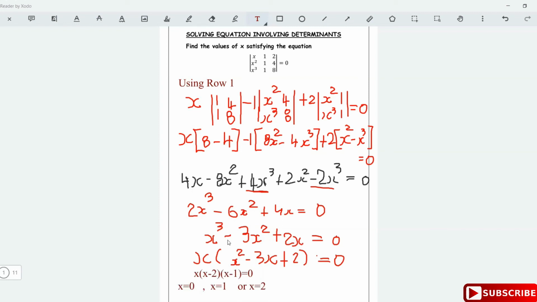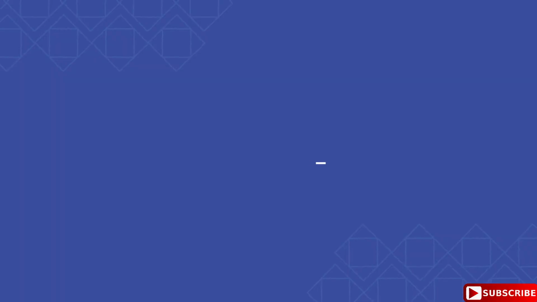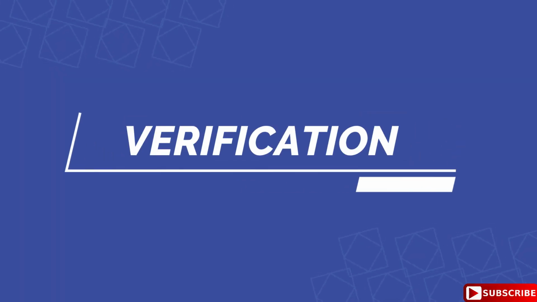Now, of course, I like to verify my solutions. To verify, let's go here in Symbolab, where we were finding the determinant of the 3 by 3 matrix. Matrix determinant calculator.